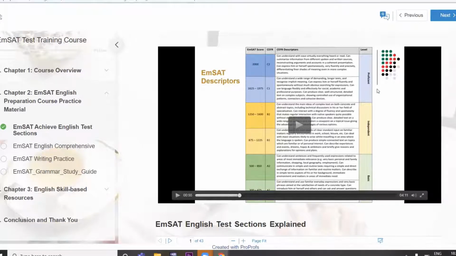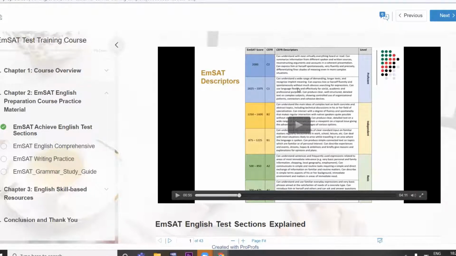That means you're supposed to be in the proficient section, 1,625 to 1,975. This is the level C1, which is advanced, actually. Inshallah, you need to do this.